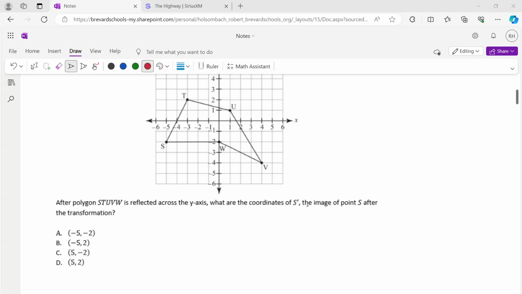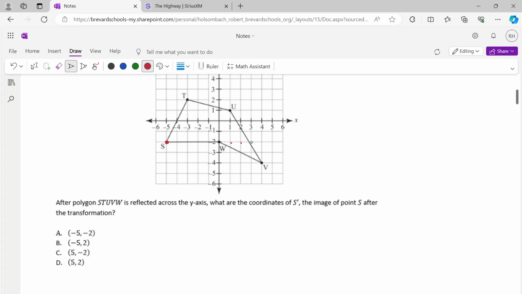The image of point S after the transformation. So if we're going across the y-axis, all that means is we're taking point S, we're going to the other side of the y-axis along a perpendicular, which is along a horizontal line, and we need to be the same distance away. So right now we're 5 units away from the y-axis, so we need to go 5 units to the right.